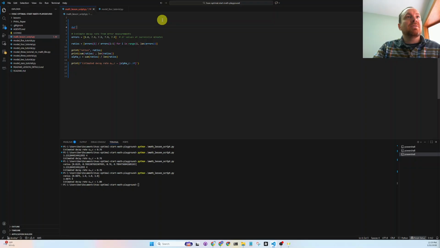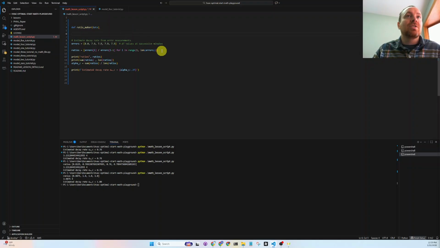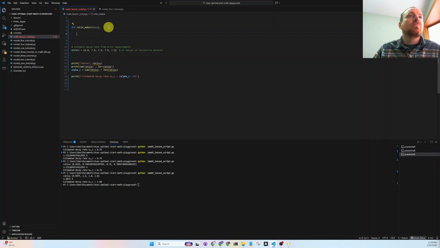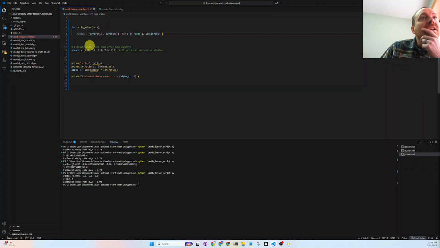We could just make this into a function in Python called ratio maker, and we would pass in our data as a list. I could just cheat. Actually, we might do a lot of cheating.